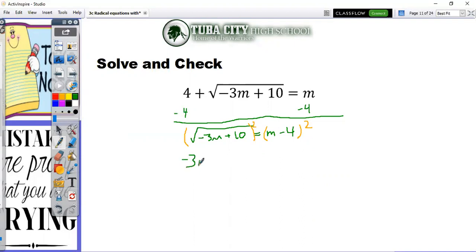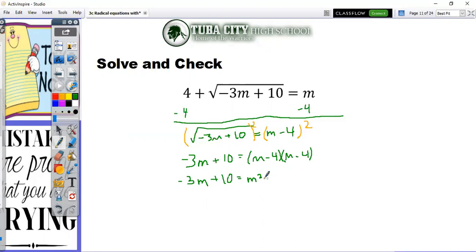Negative 3m plus 10 equals, and now I'm going to have a binomial, m minus 4 and m minus 4. Multiply that out using the FOIL method. Quite a lot of writing in this case here.